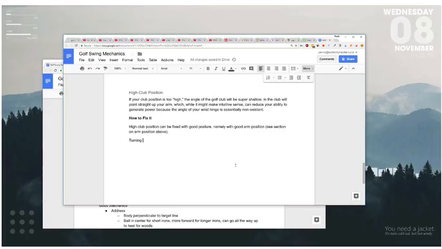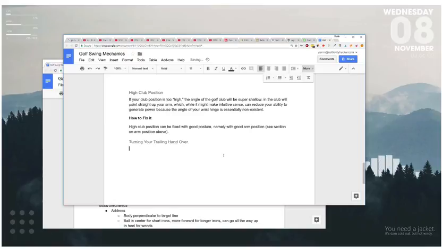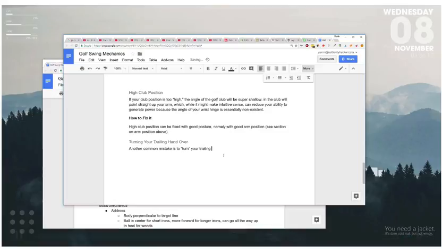High club position. Turning your trailing hand over. Another common mistake is to turn your trailing hand, that's misspelled I know, over the club, and it can especially affect your swing if you address the ball this way.